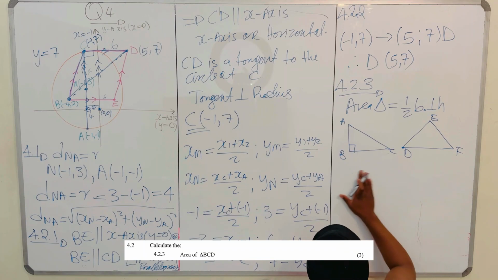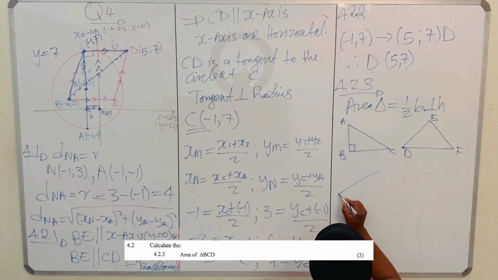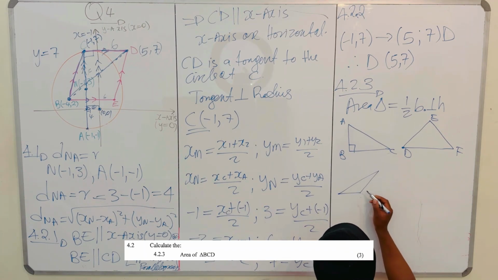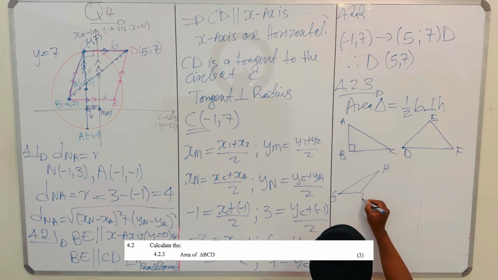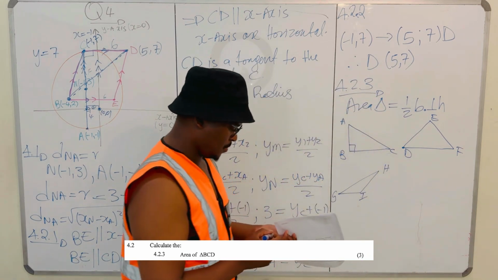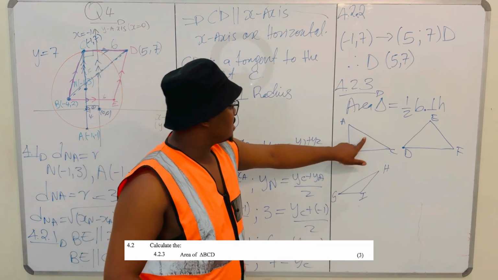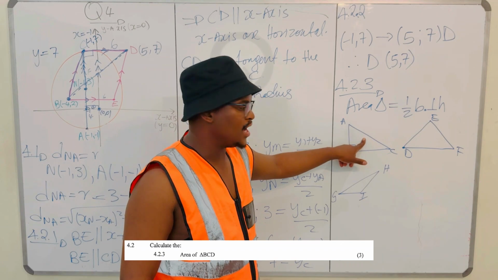Okay, let me move it a bit down. A, B, C, D, E, F, G, H, I. So, this is the nicest possible scenario, right?